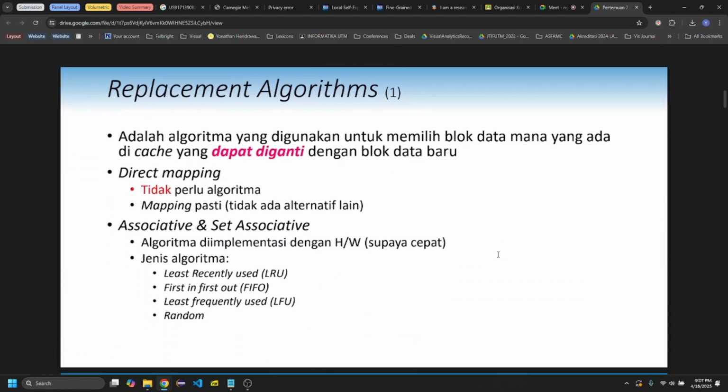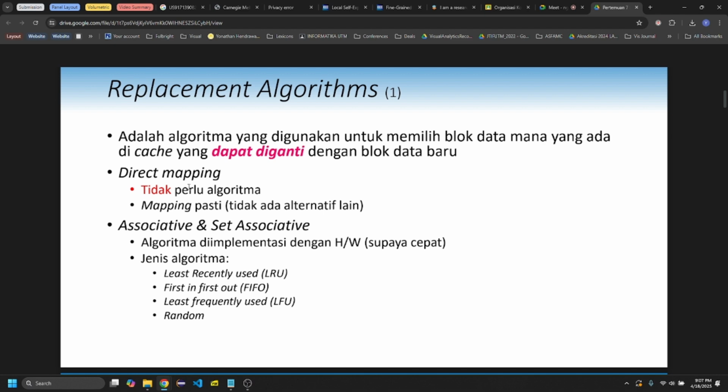Now the first one, replacement algorithm. It is the algorithm that is used to choose which block located in the case can be replaced with a new block of data. There are several dependencies here.